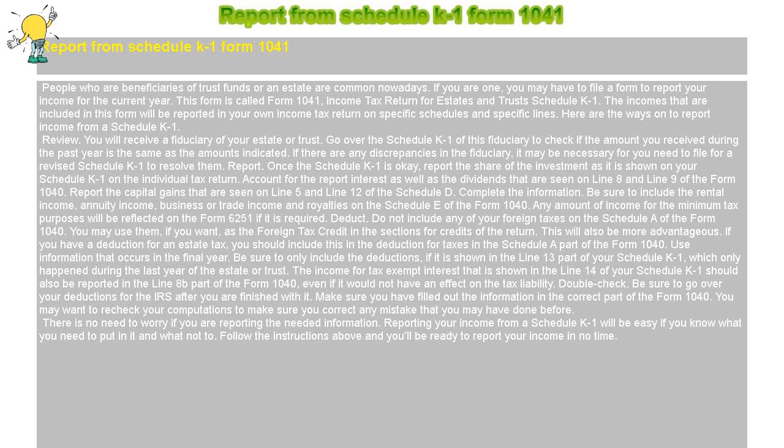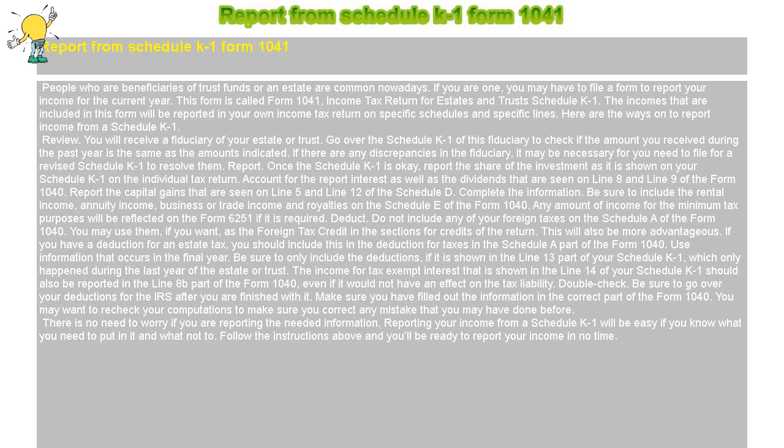The income for tax-exempt interest that is shown in the line 14 of your Schedule K-1 should also be reported in the line 8B part of the Form 1040, even if it would not have an effect on the tax liability.